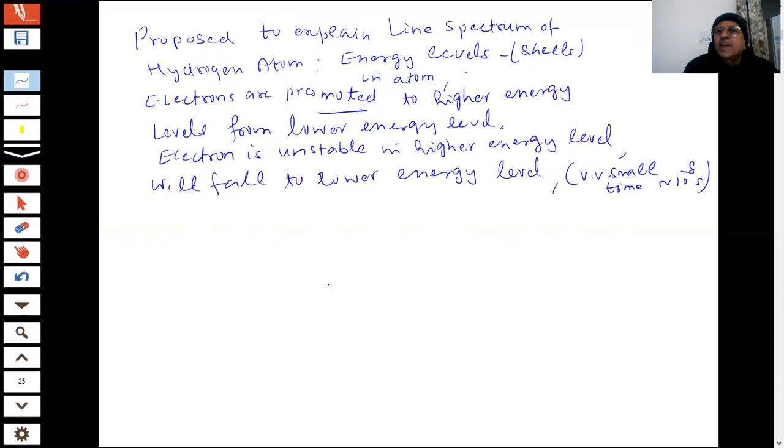It is so fast. So the electron jumped when it absorbed energy, but being unstable, it falls back and then it emits.